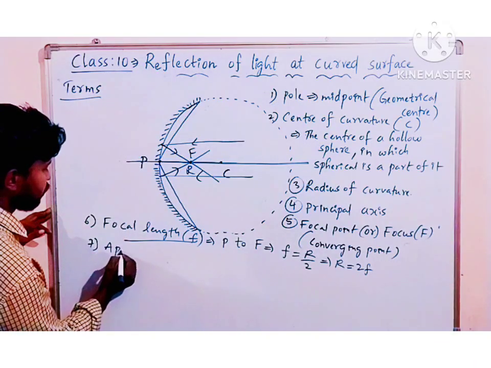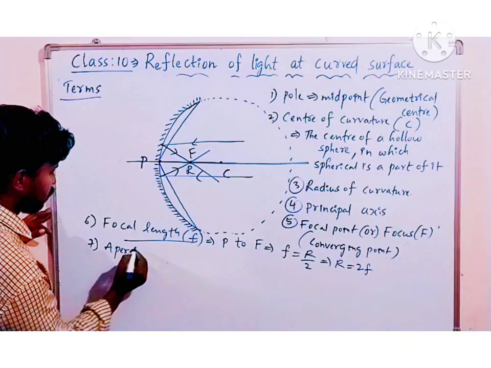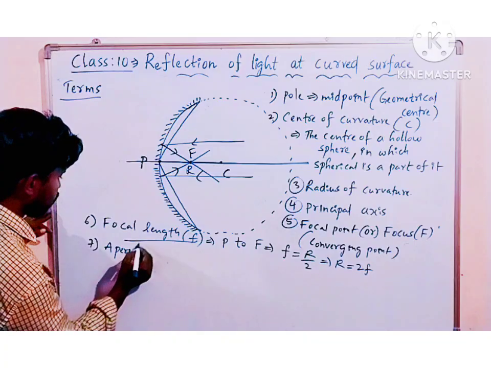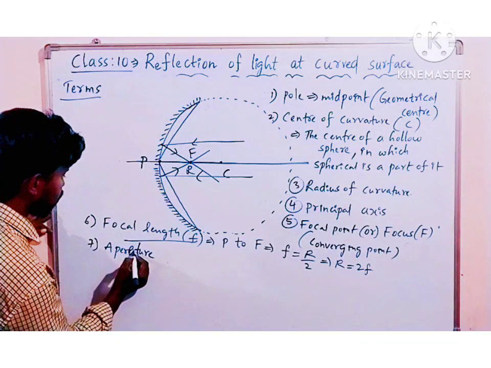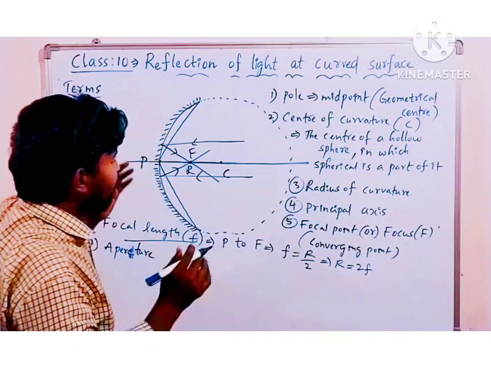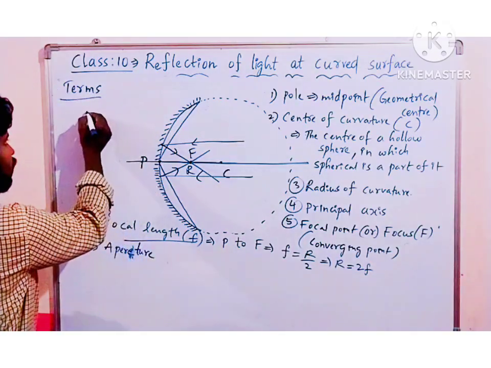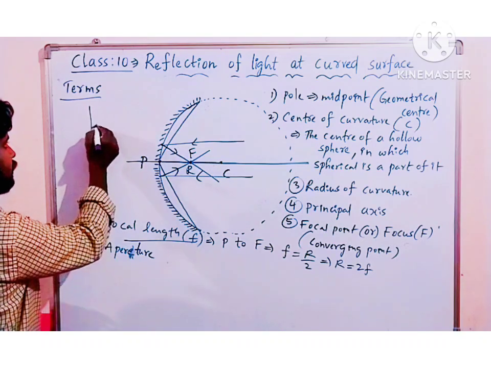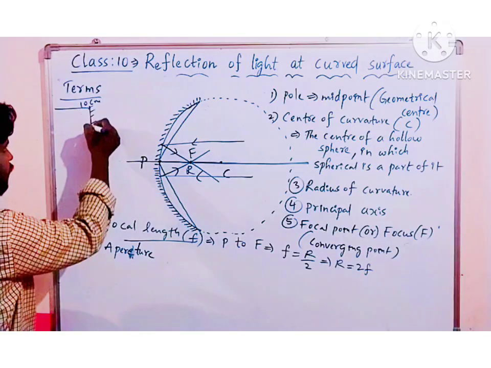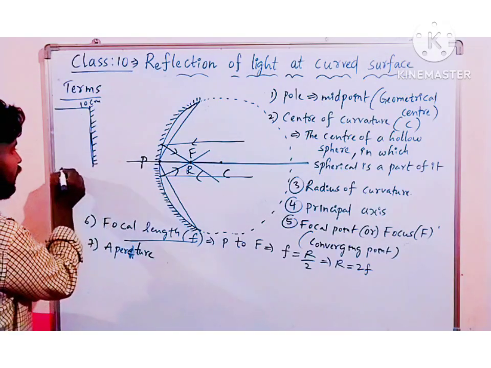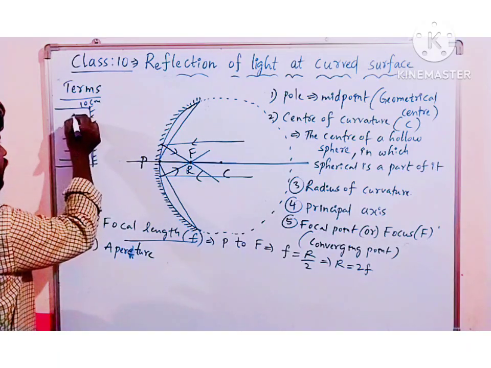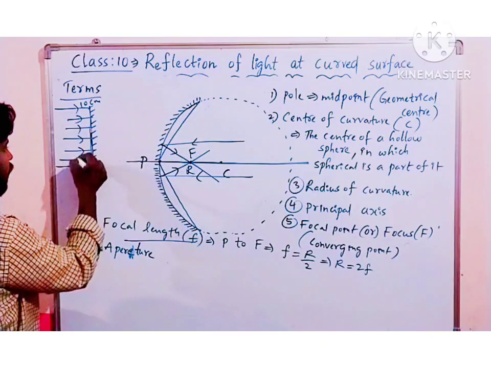Next terminology is the aperture. What does aperture mean? Aperture means the width of the spherical mirror. For example, take a plane mirror that is 10 centimeters in total length. This is the width of the plane mirror, and from these 10 centimeters the light rays reflect back.